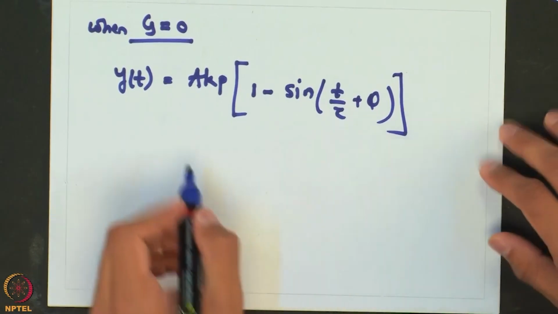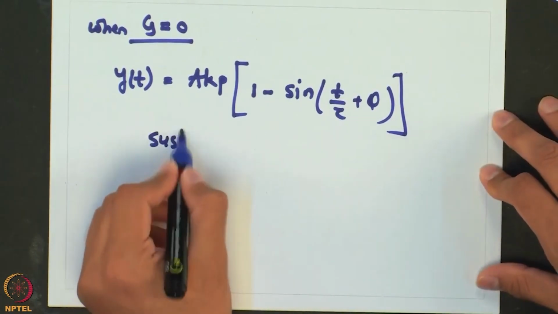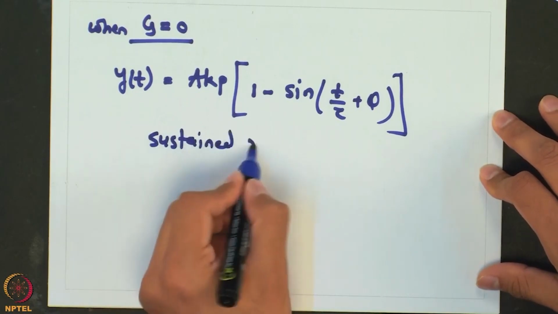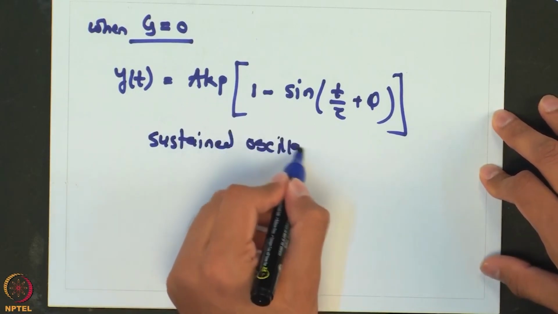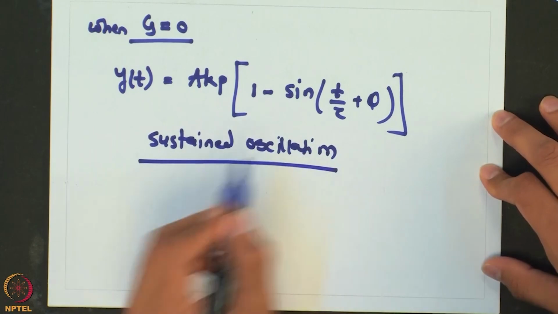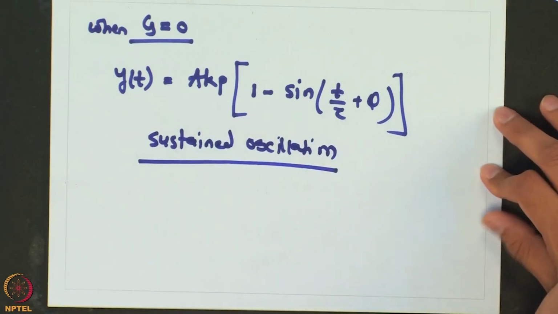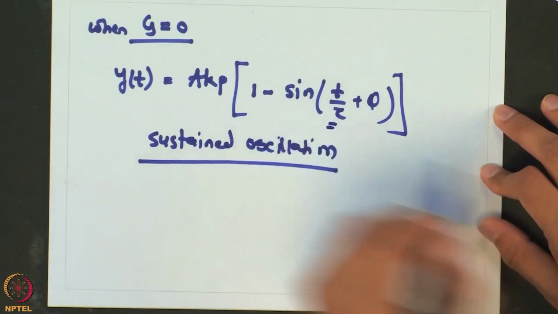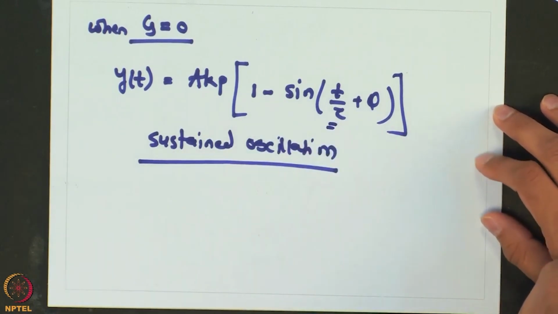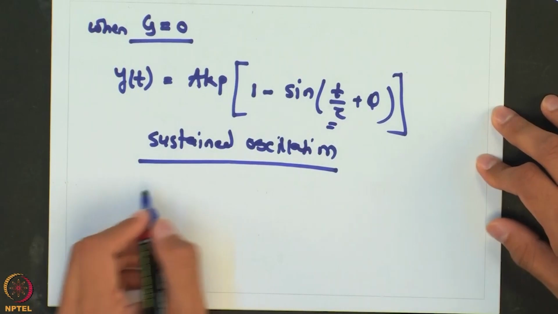So, what we are going to see is sustained oscillation. The output is a pure sinusoid, continuously oscillating with a radian frequency of 1 over tau.